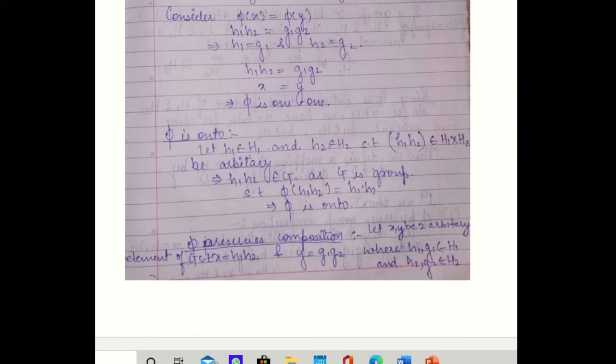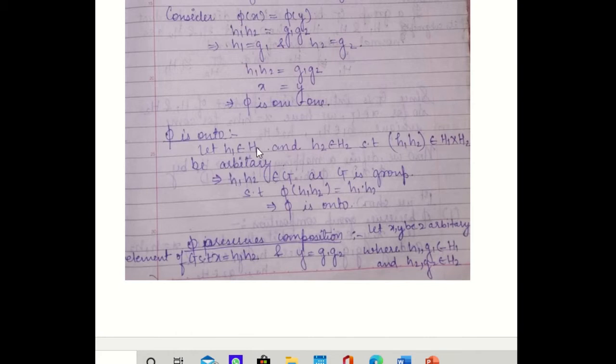Now we have to show phi is onto. For onto, we take any element from the range. Here the range is H1 cross H2, and we will show that it is the image of some element of the domain. That means for every element of the range, we must have an element in the domain such that the element in the range is the image of that element of the domain. So let small h1 belonging to capital H1 and small h2 belonging to capital H2, such that h1 h2 belongs to H1 cross H2, be an arbitrary element of H1 cross H2.